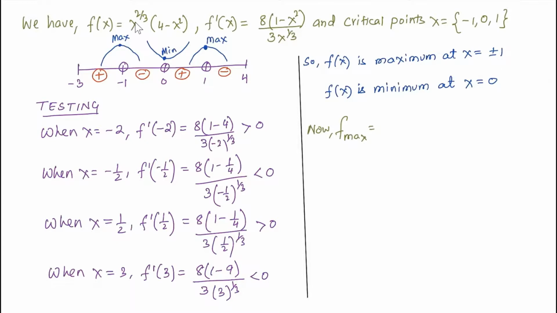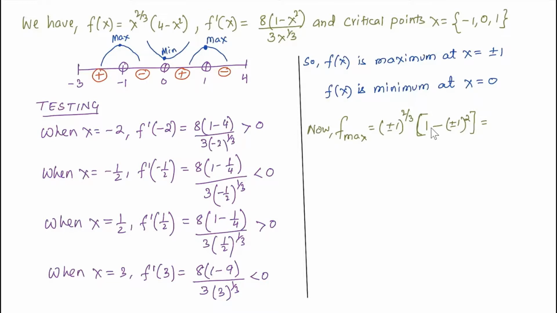So if you plug in -1 here, or you can plug in both if you want, let's do plus or minus 1 raised to 2/3, multiplied by 1 minus your x, which is plus or minus 1, squared. If you look at this carefully, you'll be able to find the value. We are looking for the maximum value.